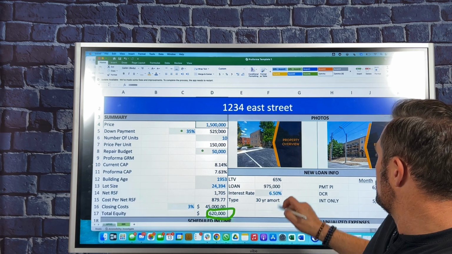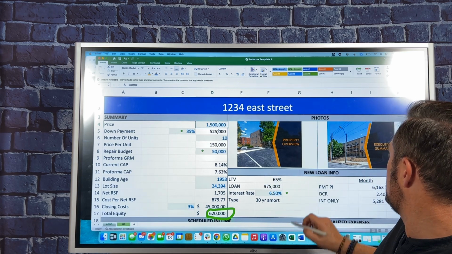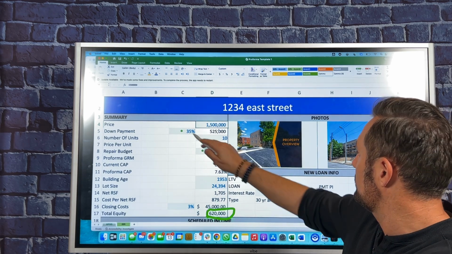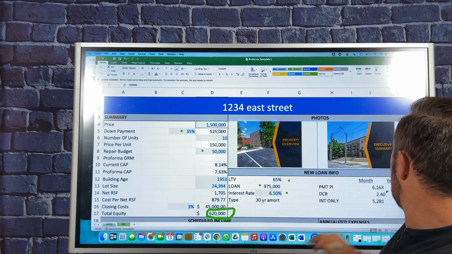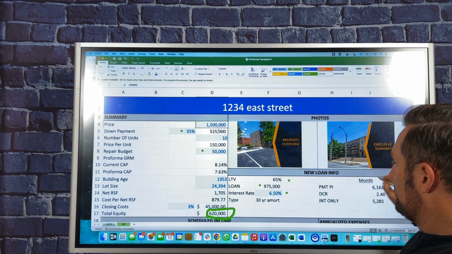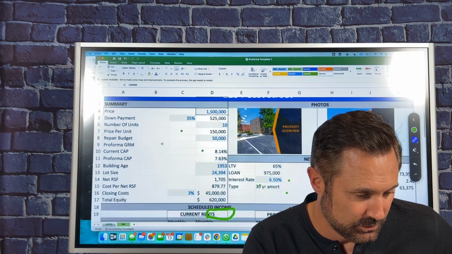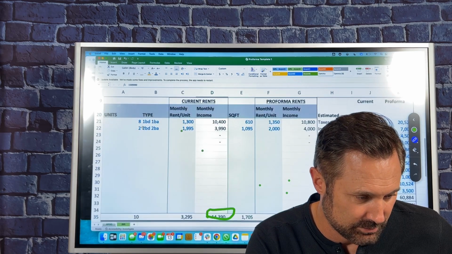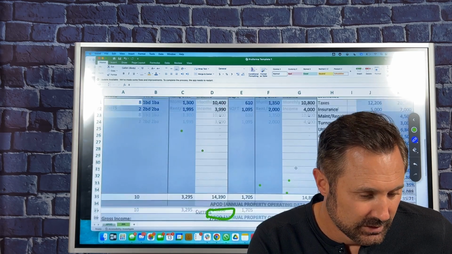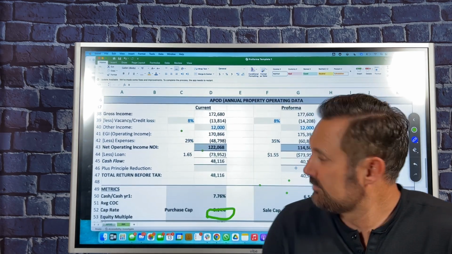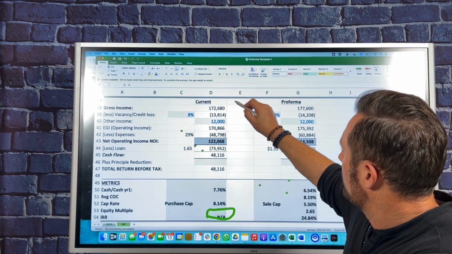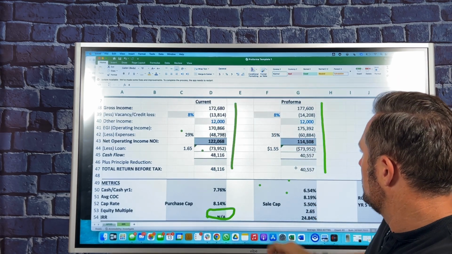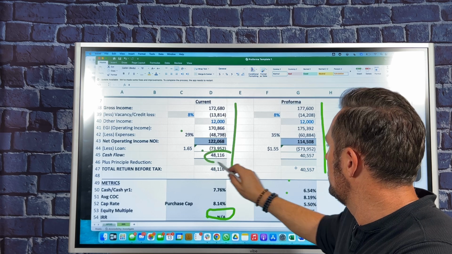We're going to use an interest rate on our loan of 6.5% and a 65% loan amount, so you get a loan amount of $975,000. Here are your payments, and that all comes down to the bottom portion. So we plug in all our numbers, and that populates this stuff down here. Current, future, it's giving us a total cash flow.